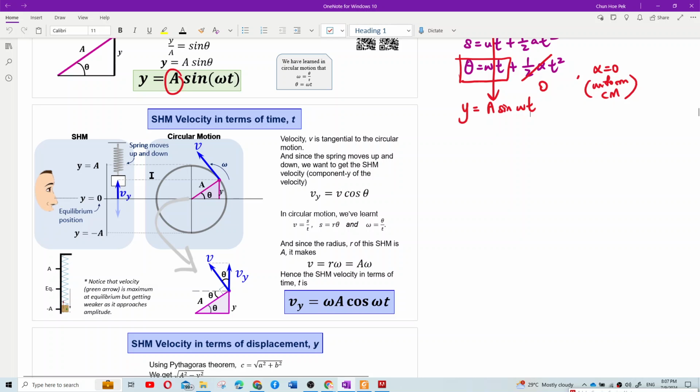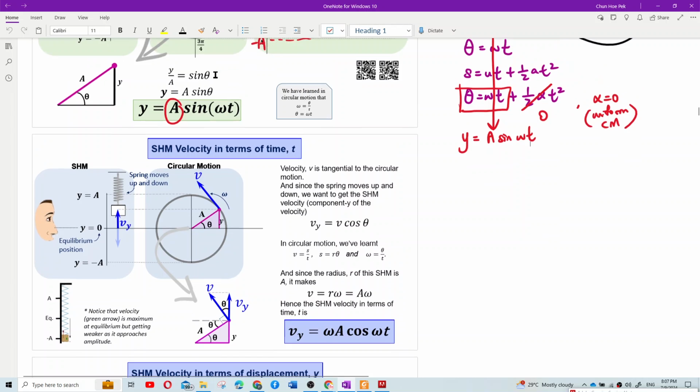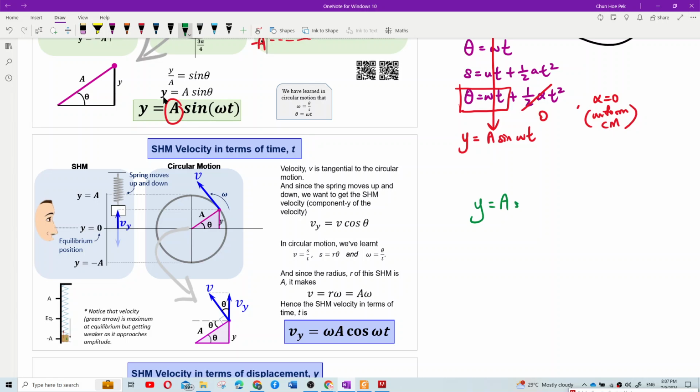Another way of getting this formula is we use the y component velocity. Since we know y is equal to A sine omega t, and we know the velocity is differentiate displacement over time. Remember? Last time we had velocity is ds over dt, dx over dt.